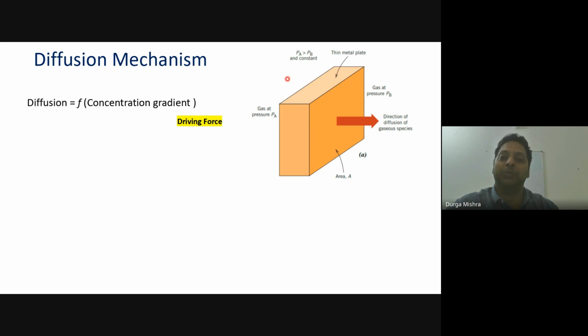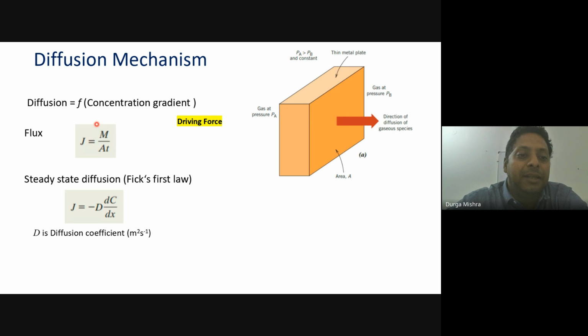That means there is a concentration gradient. More pressure means more gas molecules on this side, so they will try to diffuse through this thin metal plate so that they can come across and occupy the B side. This is the driving force here. So there will be a diffusion through the thin metal plate.